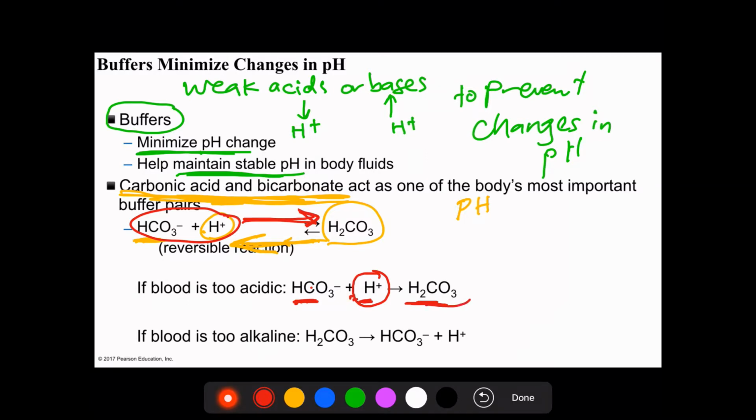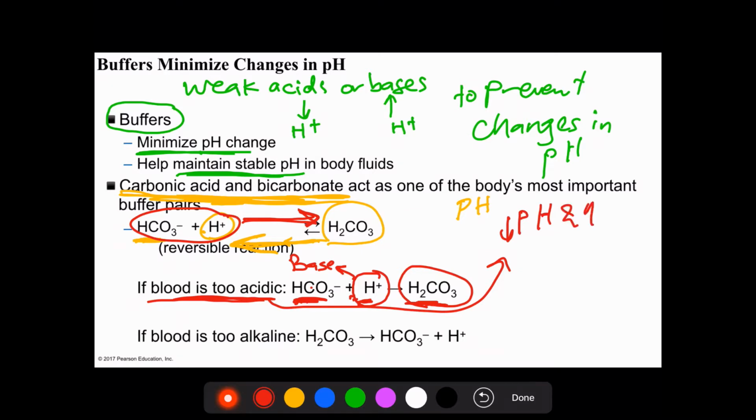It's integrating them within the carbonic acid. So here, this is acting as a base because as a base, it has to absorb these hydrogen ions. Okay, so if the blood is too acidic, it means low pH and high hydrogen ion concentrations. So we need to absorb these hydrogens, and that absorption is happening by binding them to the bicarbonate, which will give us the carbonic acid.